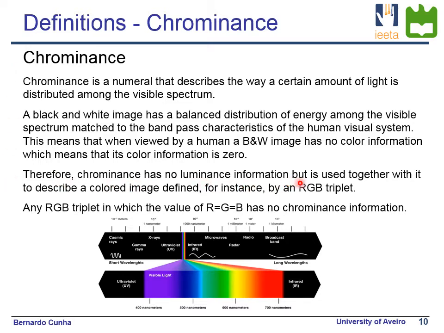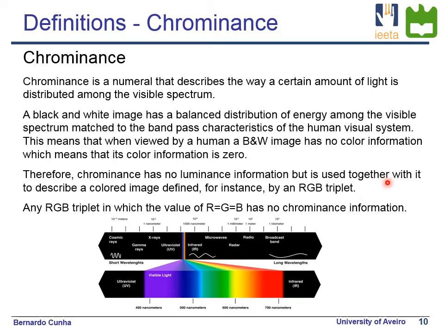This is important, but it is used together with the luminance to describe a colored image defined, for instance, by an RGB triplet. RGB, I think everyone knows what it means: red, green, and blue. And we use this source of information for color. It's quite common in computers, for instance.